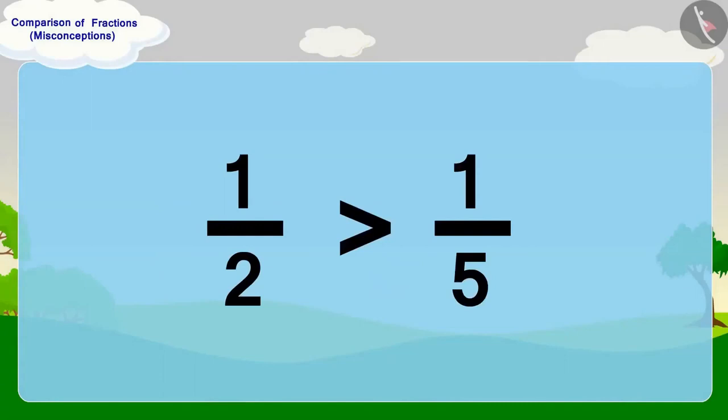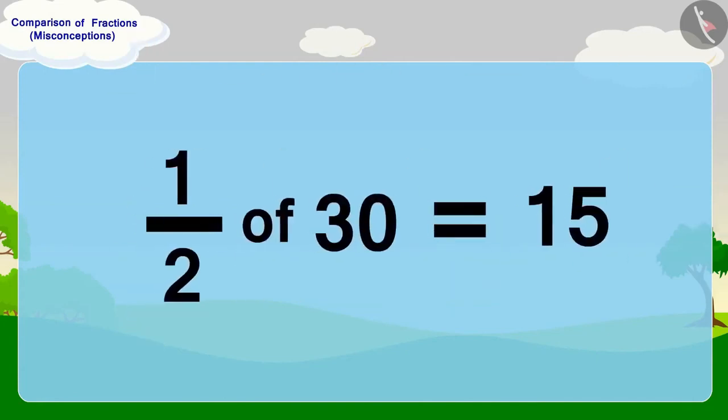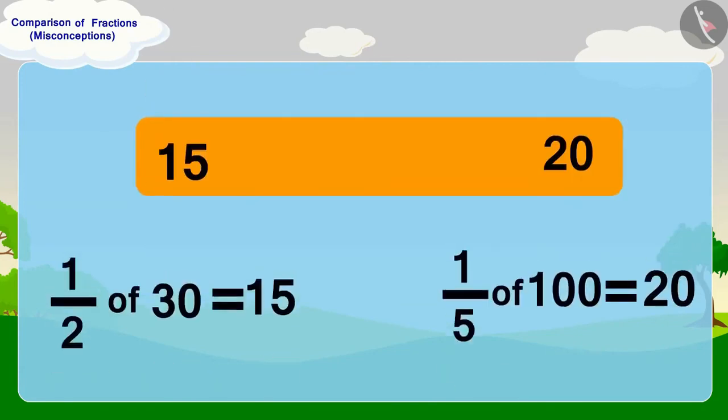But if we talk about 1/5 of 100, which is equal to 20, and half of 30, which is equal to 15, then we can see that half of 30 is smaller than 1/5 of 100.